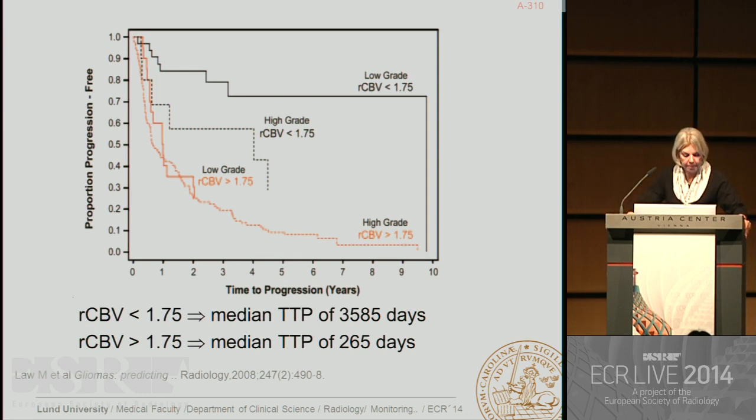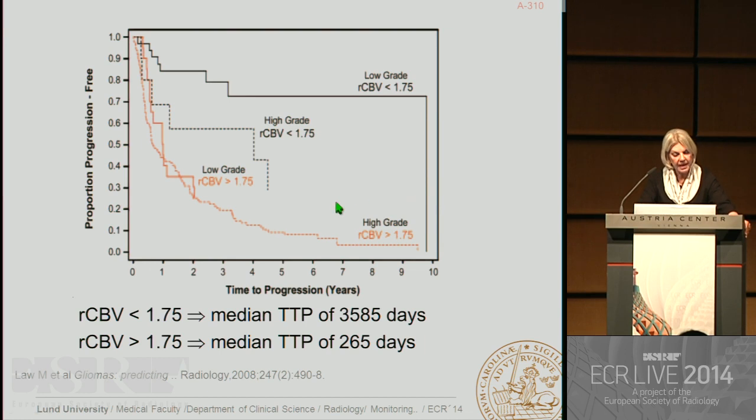And here is a very nice scheme. It's a paper written by Imagenologia together with Rolf Jäger and his group from London, where they demonstrated the value of perfusion and the measurement that you have. So if you have a low-grade tumor with a cerebral blood volume of less than 1.75, you had a very long survival.